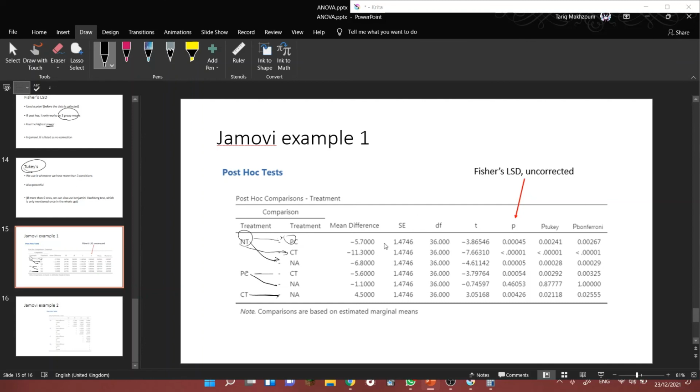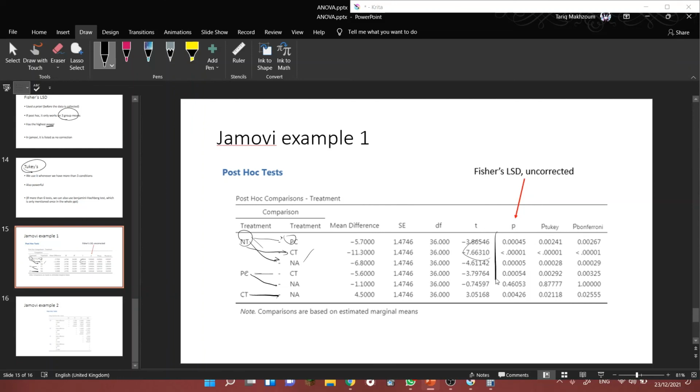So, when we're looking at the table, we start with our p-value, okay, which we more or less calculated by just running a t-test. We ran a t-test between no treatment and placebo, and then we ran another t-test between no treatment and conventional, and then another t-test for no treatment and new age.